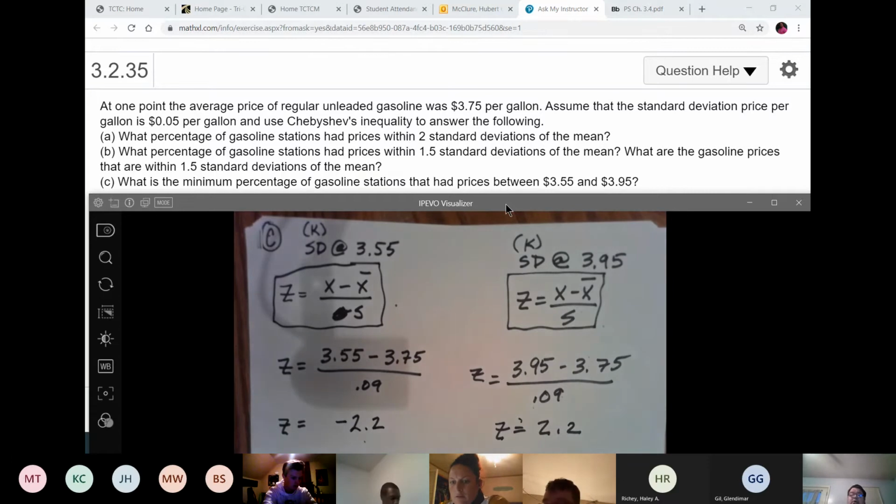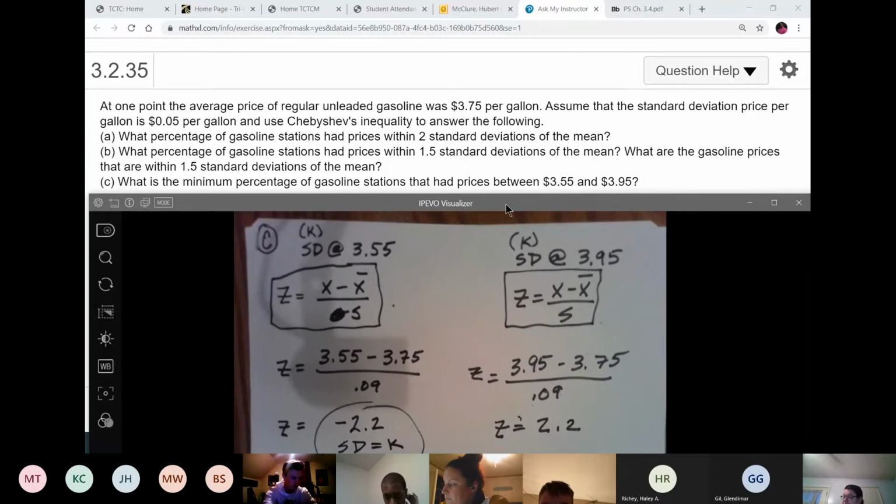Okay, so now these are standard deviations, which is equal to K. So plug that in to your K formula, and you will get the percentage. Or you only have to do one because it's symmetrical. So somebody plug in 2.2 for me and tell me the percentage.